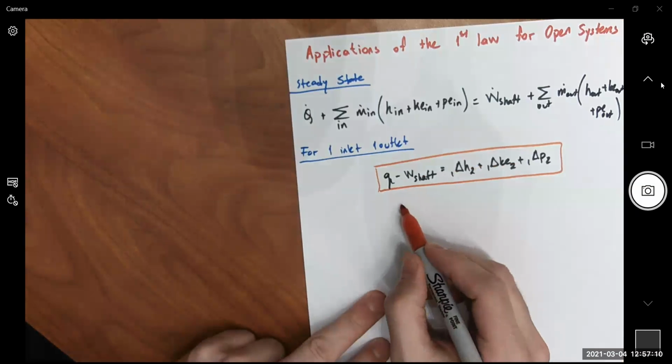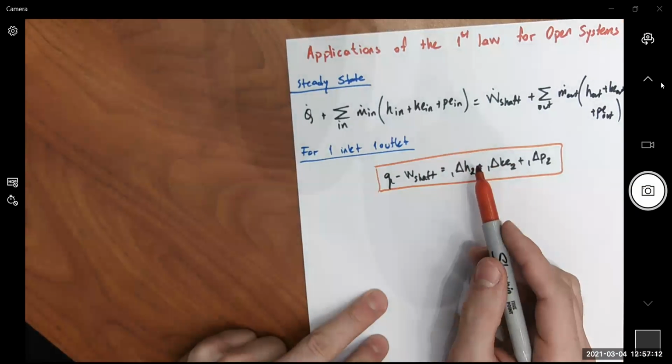Now, we applied these equations, the first law of thermodynamics, on nozzles and diffusers.